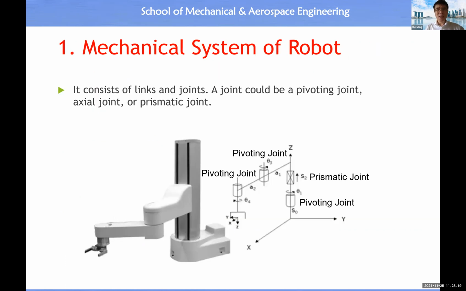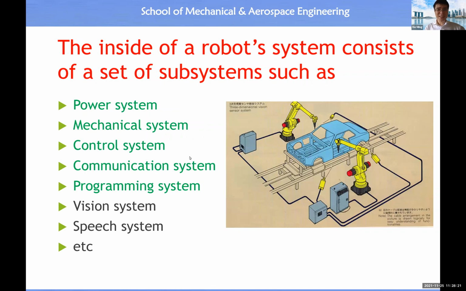Now we try to zoom into the detail of the mechanic system, control system, and programming system, because these 3 are the major ones. And for the power system, basically we just use existing power supply from the factory, or use a battery to provide the power supply to the mobile robot. As a designer, you understand there's a general guideline: not to reinvent the wheel.